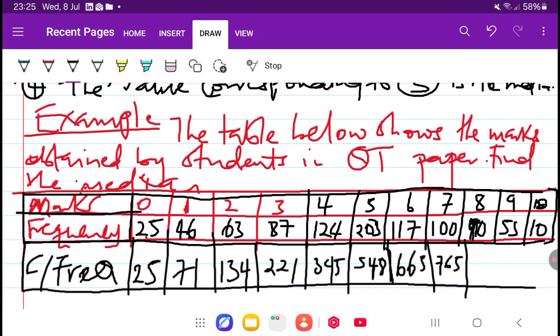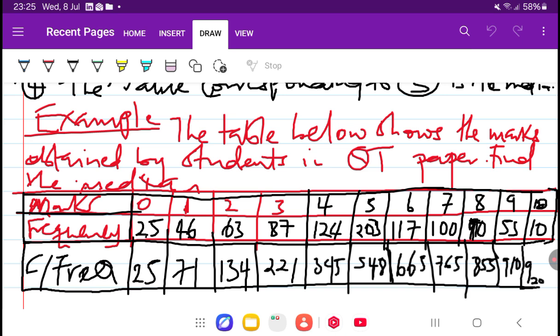Then 765 plus 90, it gives you 855. Then plus 55, it gives you 910. And then plus 10, it gives you 920. So the 920 is our last, meaning our total frequency is actually equal to 920.